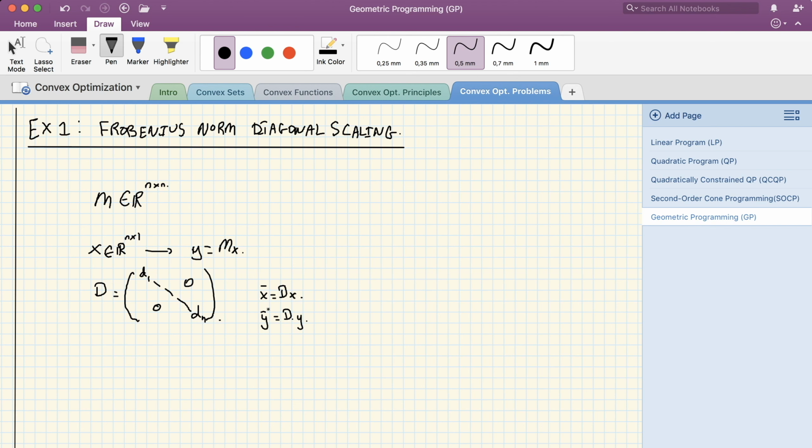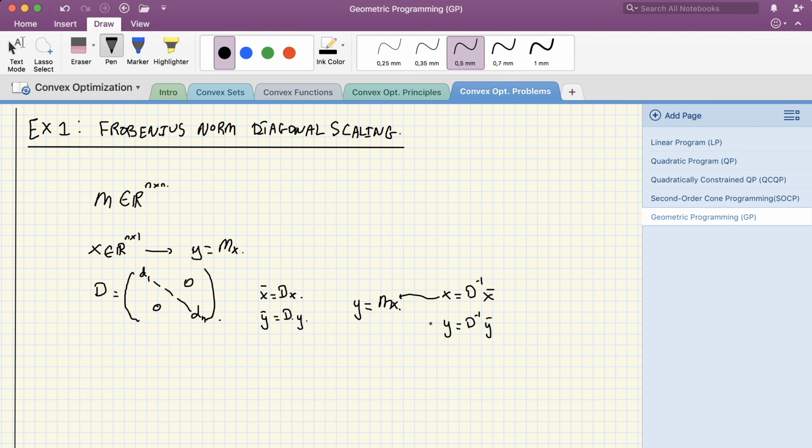To write y bar as a function of x bar, all I have to do is replace it in the equation y is equal to Mx. Let's express x in terms of x bar and y in terms of y bar. Given that D is non-singular, that is, none of the diagonal components are 0, I could write the following. x is D inverse times x bar, likewise y is D inverse times y bar.